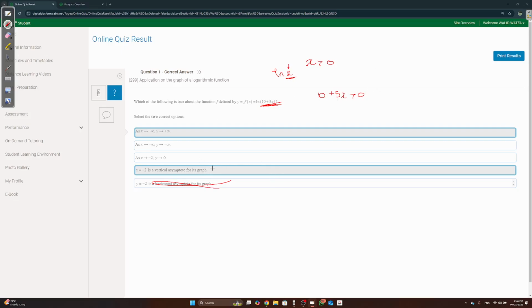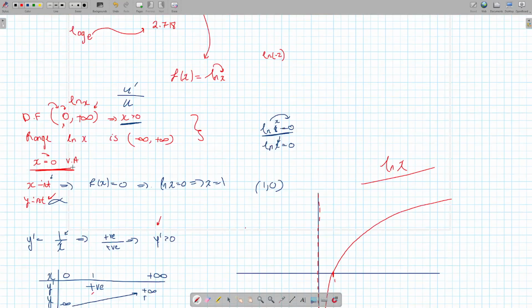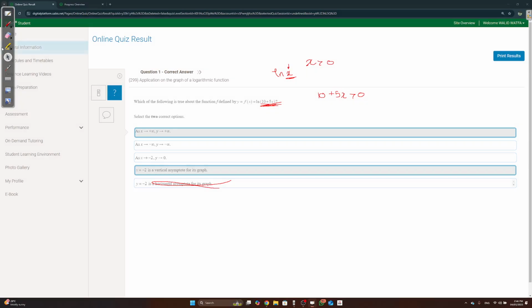So you need to know if the vertical asymptote is correct. You need to look for the vertical asymptote. And how did I figure out x equals 0 is my vertical asymptote here? By looking at the domain. To find your domain, like I told you, we know that the domain of ln x is greater than 0. So whatever is under the ln has to be greater than 0. Solve. Take this to the other side. You're going to get 5x greater than -10.